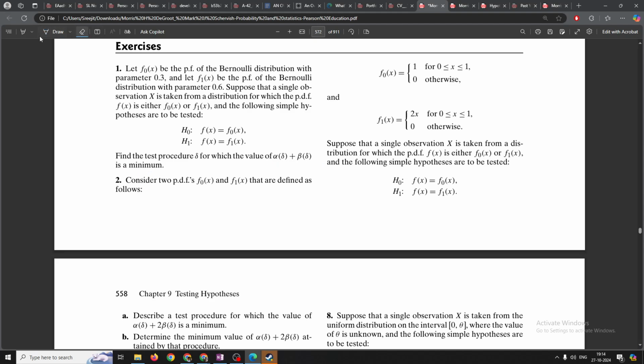So here the values of a and b are just 1 and 1, right? So this is 1 times this, 1 times this.